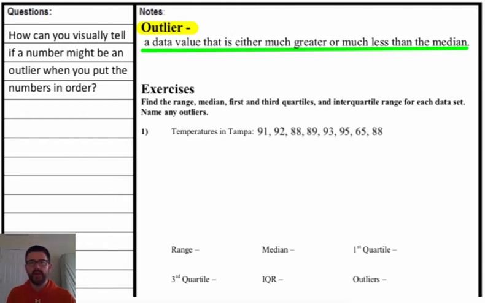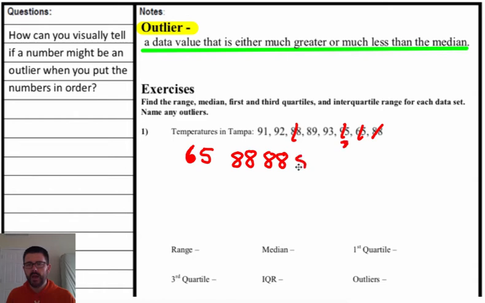So let's do this again. First step, put them in order. You can't start finding anything until you get those numbers in order. So I've got 65. I don't know why it's going so slow. And then I've got 88 and 88. Oh, I didn't want to cross that one out yet, sorry.